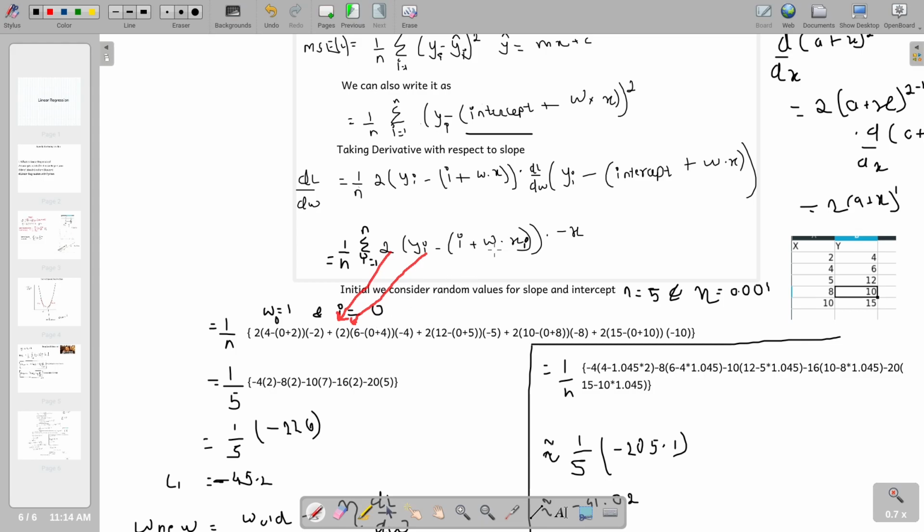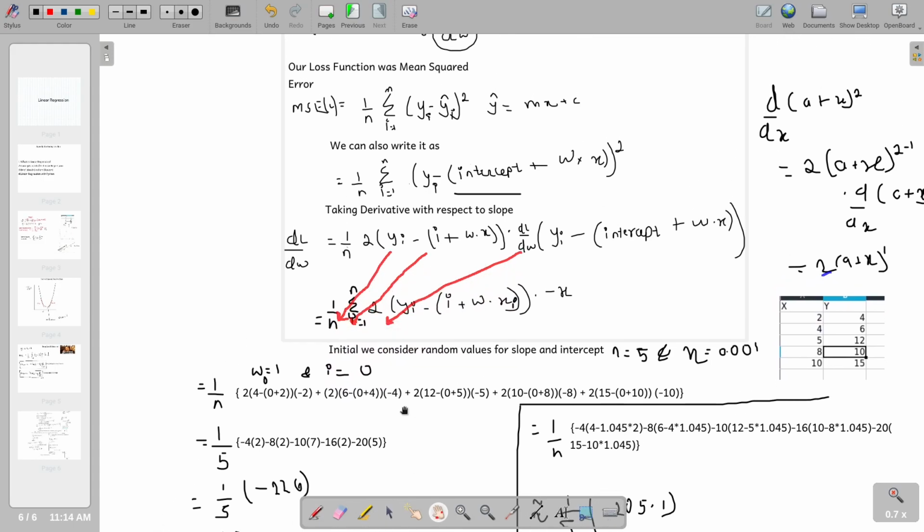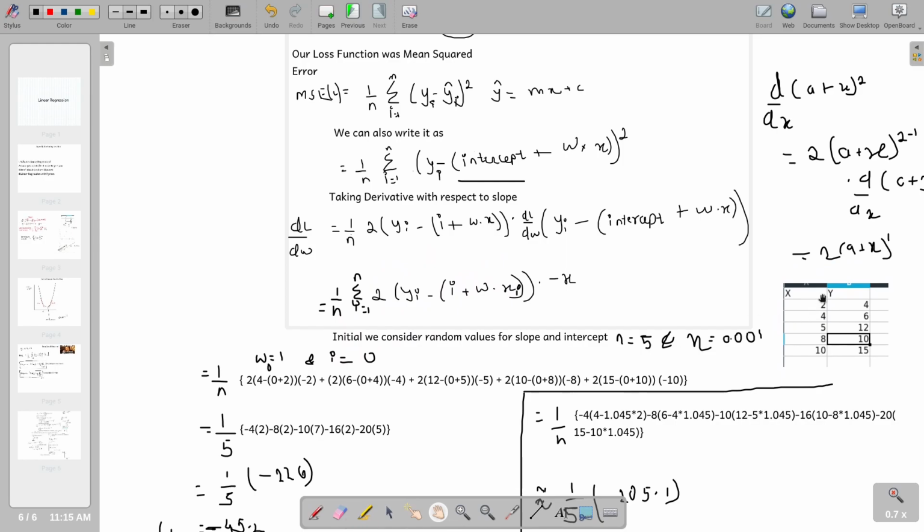And w I have considered as 1, and for xi I'll write this point, times negative of the same. We have to do this for every point because this was a loss function, right? We have to do this for every point. So I have done this for 5 because I have 5 data points. Let's see.